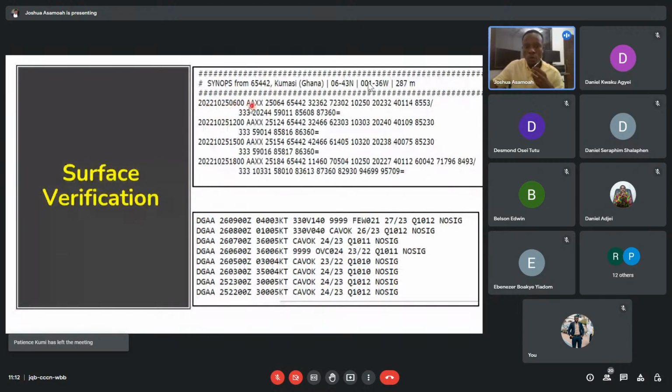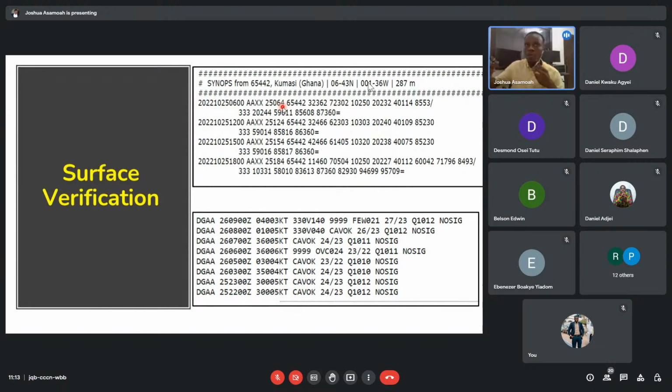So this is 2022 October 25th at 0600, so 6 a.m. And this is just telling you that this is a message coming from a land station. So all the time you see this there. This is the date, 25th, the time, 06. This is 4. The 4 is always there telling you that the wind speed was measured with an instrument. There are wind speeds that you estimate.